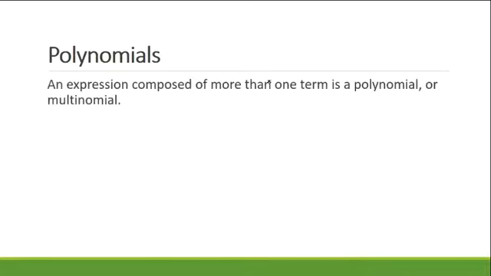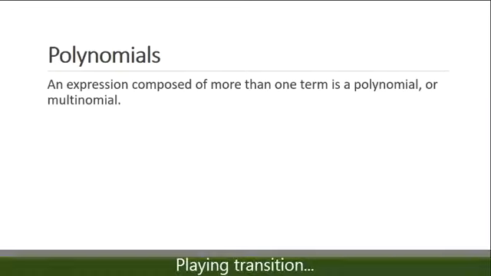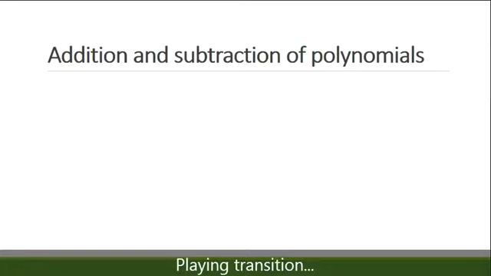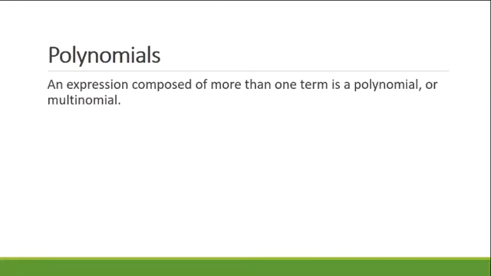Next. An expression composed of more than one term is a polynomial or multinomial. Okay. Example, we have x or 5x. If this is our expression, which is composed only of one term, this is a monomial.